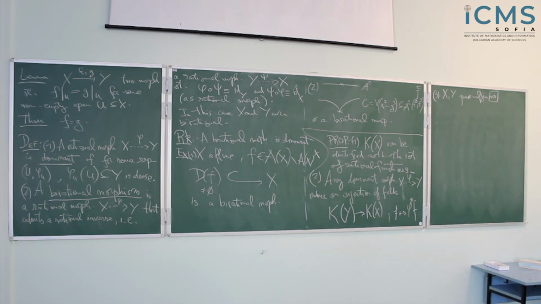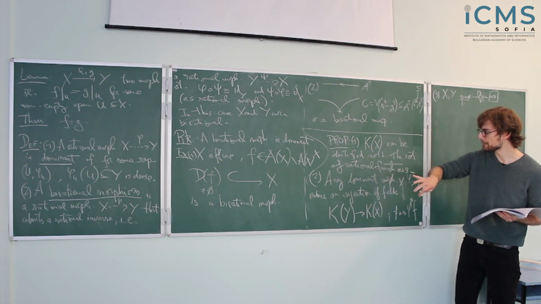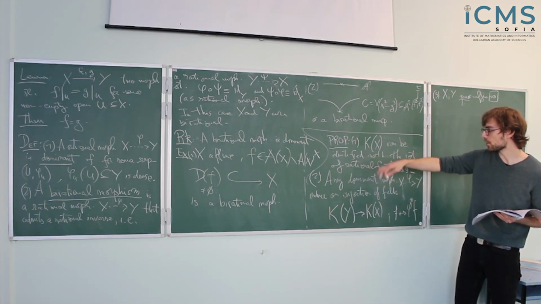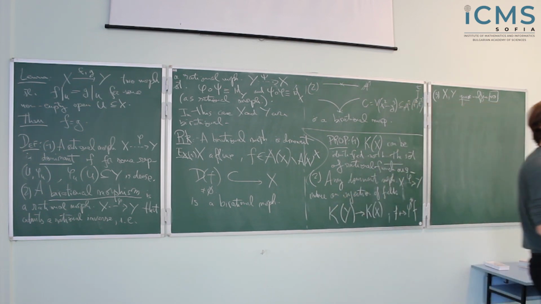Keep in mind these are varieties. The extra qualification quasi shouldn't be something you should be afraid of, since all these rational functions are defined on open subsets of the affine variety. So if we restrict to an open for a quasi-affine variety, it's harmless.